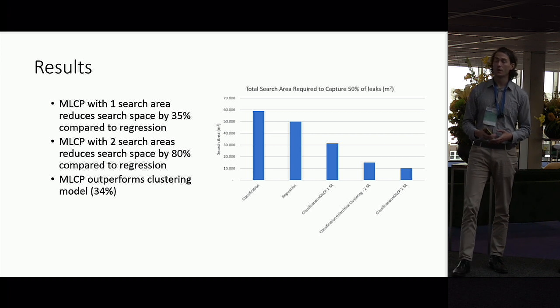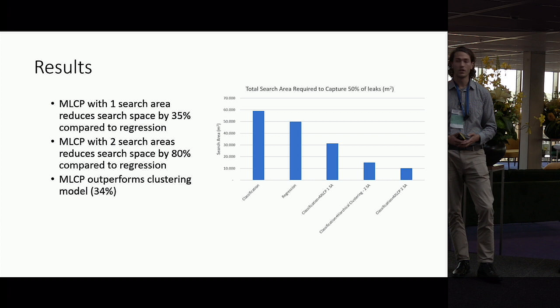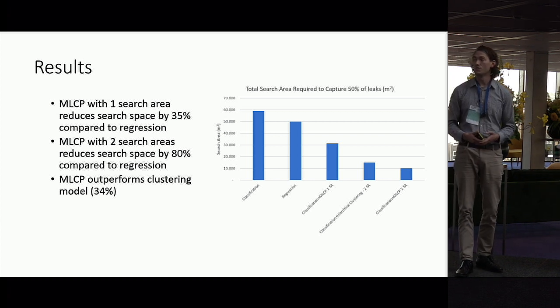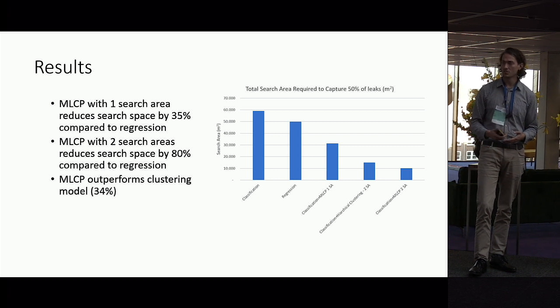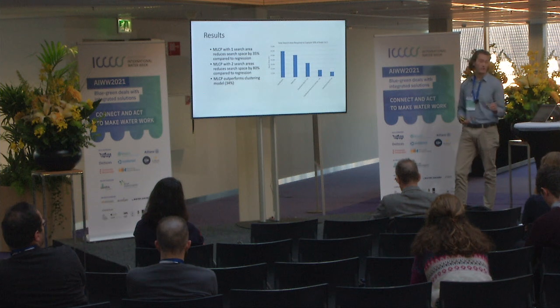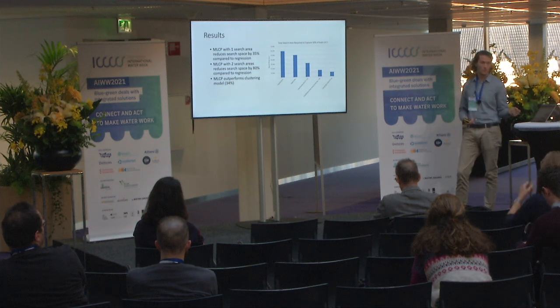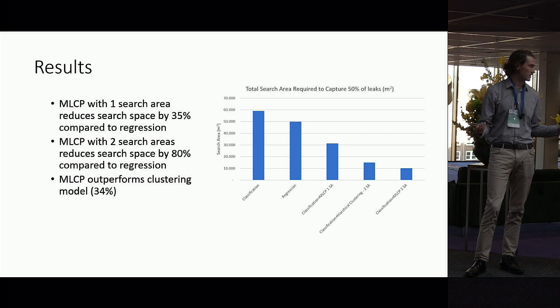And so I wanted to compare the more traditional models, such as a classification model and a regression model, to the maximum coverage location problem. For the classification model, in this circumstance, I would pick the node that it predicted the leak is occurring at and expand the search area out until it covers 50% of the leaks within the testing data set.